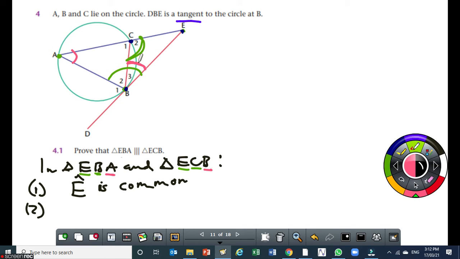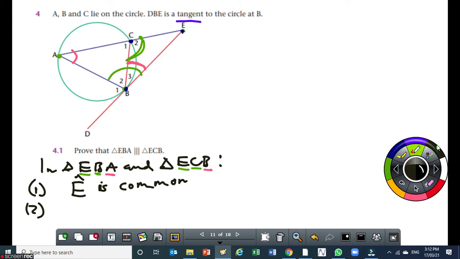Is it possible to prove that B3 is equal to angle A? Is it possible? Yes, it is. Tan chord. So, I'm going to skip this B and skip that C, and then I'll write this down. Remember, it's EBA, so I'm going to write it as angle A. Make sure you're very careful about the correct triangle from which the angle belongs.